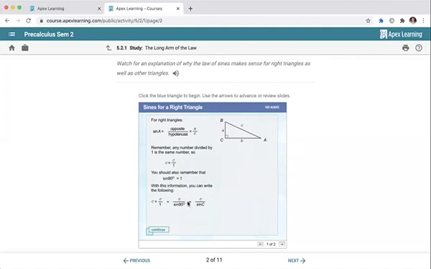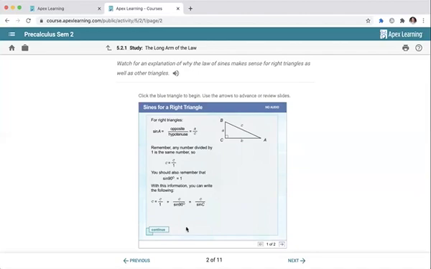And then our final replacement: we know that sine of 90 is sine of angle C, because we're dealing with our 90-degree angle.